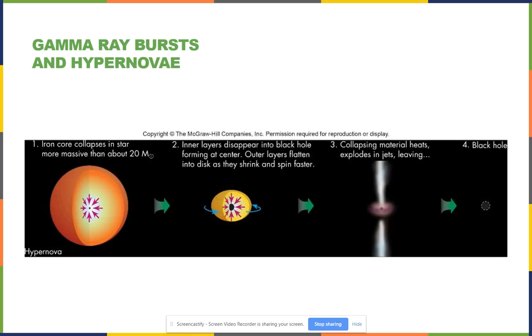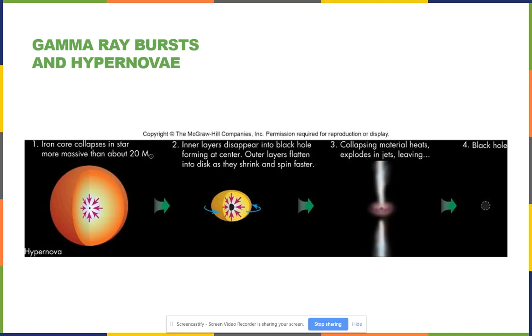A hypernova is the same thing as a supernova, which is why it's not in our textbook, except it's when you have a supermassive star, so much mass that at death, it doesn't stop at a neutron star. You have enough mass that you can crush the neutrons.